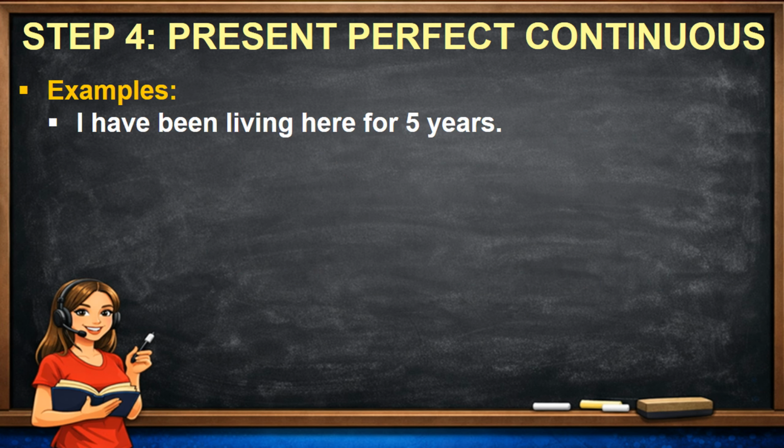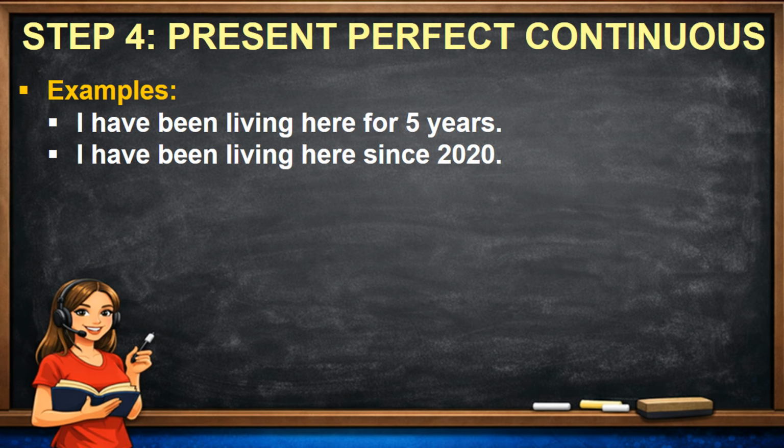Examples: I have been living here for 5 years. I have been living here since 2020. These two sentences mean you still live here, but you emphasize the ongoing activity. Got it, right?